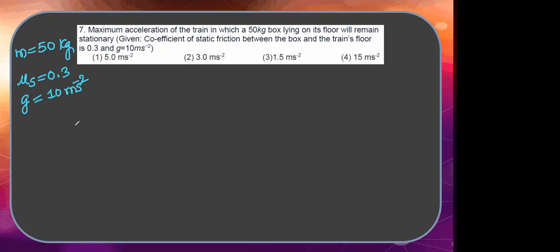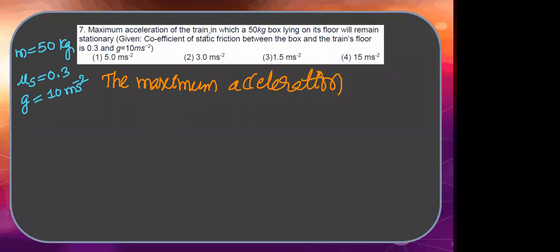Then they asked what is the maximum acceleration? The formula for the maximum acceleration, I'm using directly: A is equal to mu s into g.